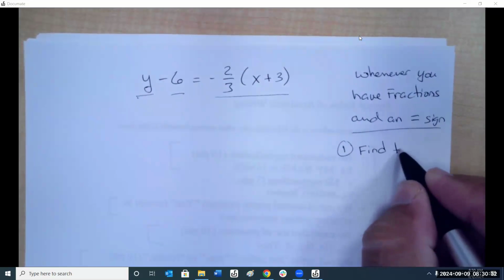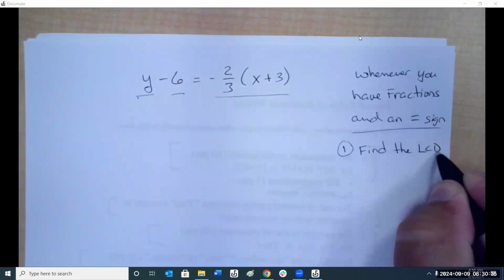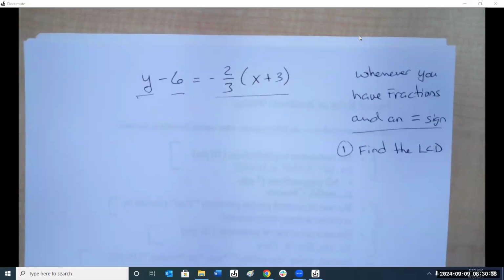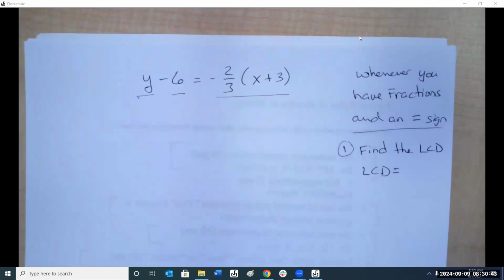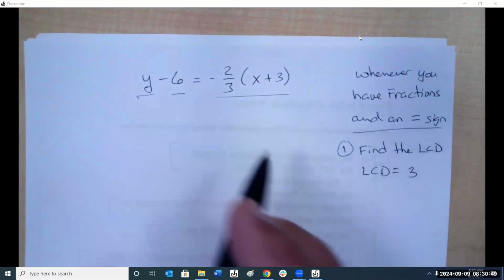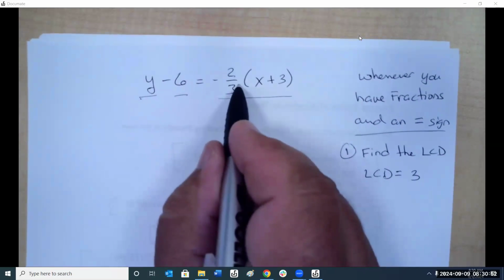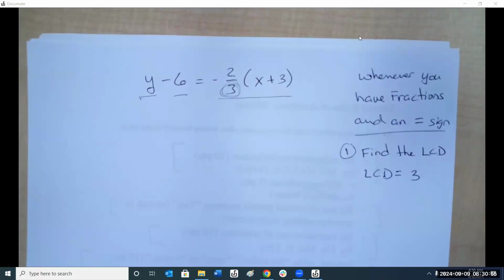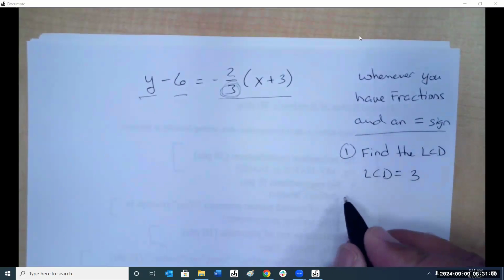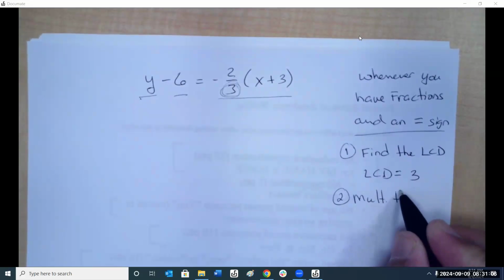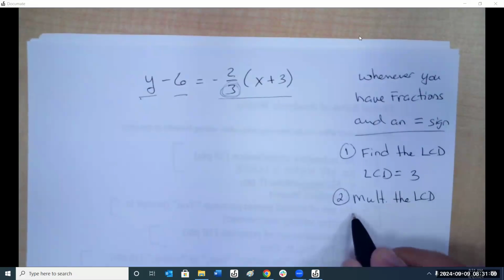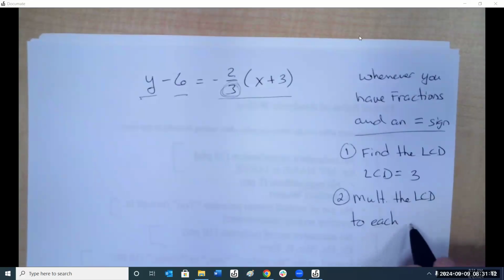So find the LCD, the least common denominator. So the LCD in our case is what? 3. It's the only denominator we have. So find the LCD first. Multiply the LCD to each term.